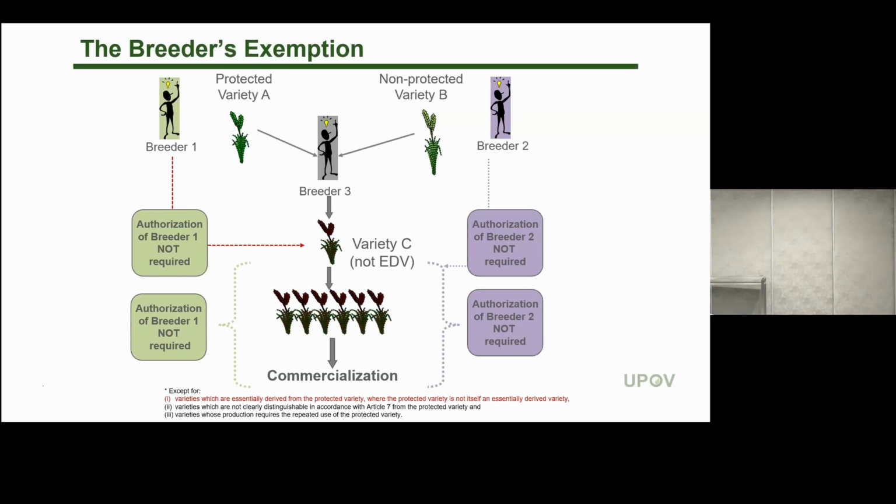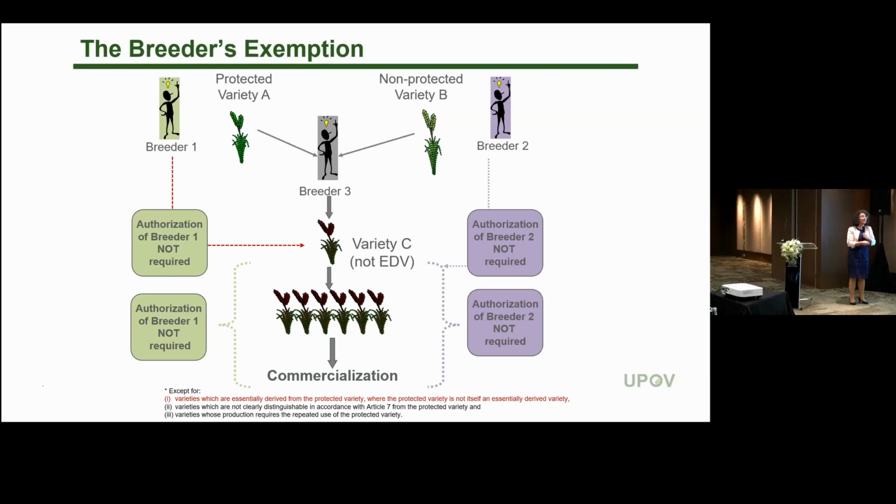Sometimes you have several of them in the breeding program. To develop variety C, in all cases, you don't need the authorization of the breeders of the protected varieties if the material is available in the market, okay? Then that applies to all cases, and for variety C, also to commercialize variety C, you don't need the authorization of those breeders that you use material, even though this material was protected under plant breeders' rights.